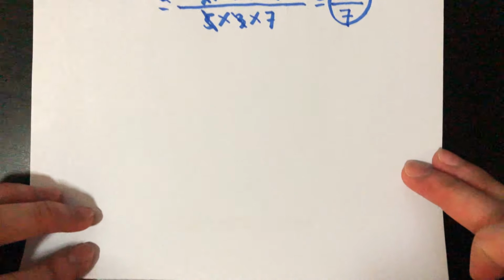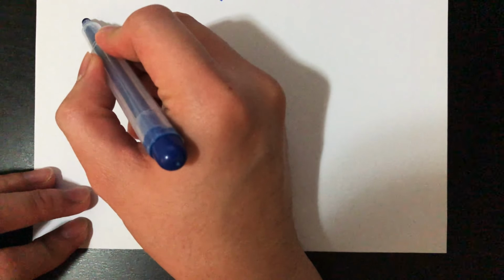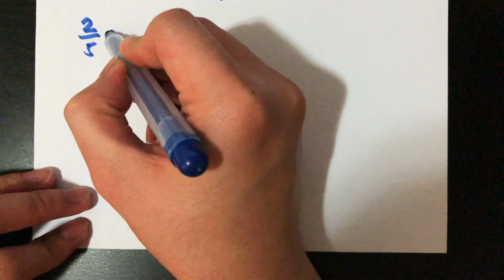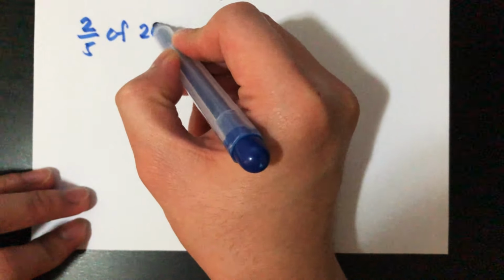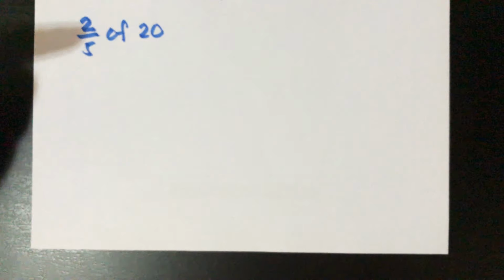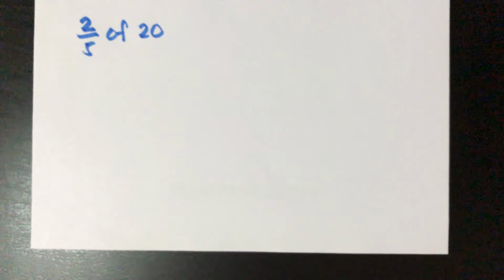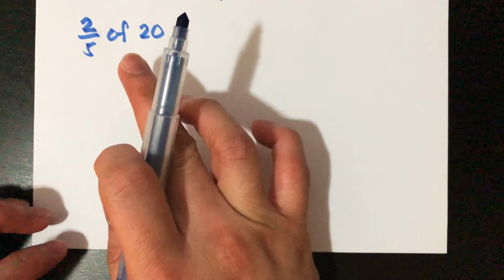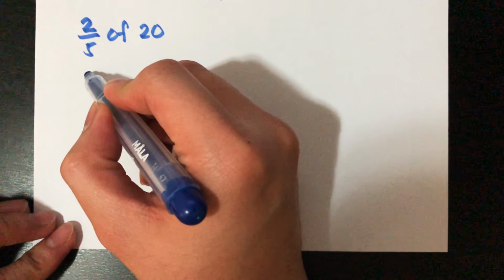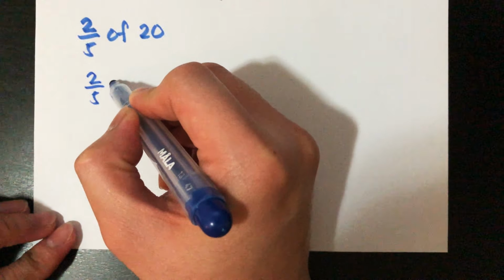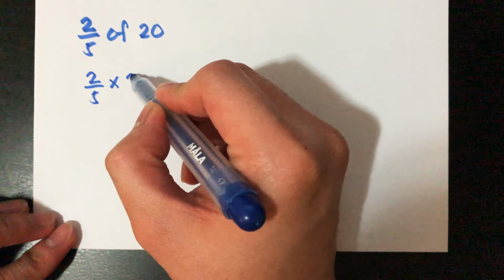Now let's go to our next problem. Now our next problem is we have 2/5 of 20. Okay? Normally, you will encounter this type of problem, which is they're asking the fraction of a certain number, or sometimes a fraction of a fraction. Okay? Now, in this case, same procedure, we'll just change the "of" with a multiplication sign. So we have now 2/5 times 20.